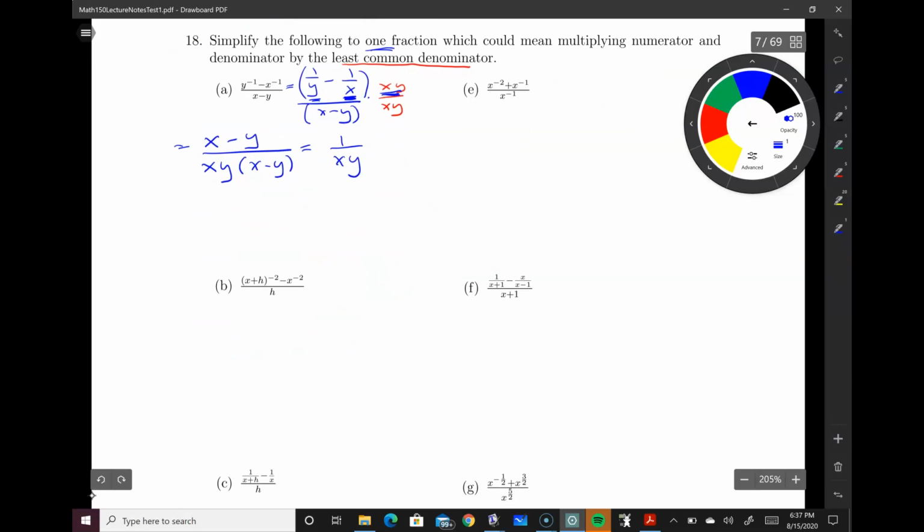All right, let's look at this one. Another fraction going on in here. So I see that this is the same as saying 1 over (x plus h) all squared, subtract 1 over x squared, all over h. All right, so I'm multiplying by the least common denominator of all the fractions, so that would be these two.